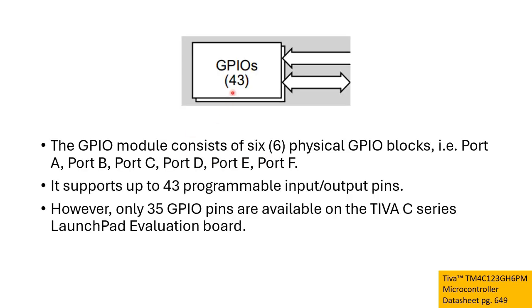The GPIO module consists of 6 physical GPIO blocks, and they are port A, port B, port C, port D, port E, and port F. Now, it supports up to 43 programmable input-output pins. However, only 35 GPIO pins are available on the Tiva C-Series LaunchPad evaluation board.